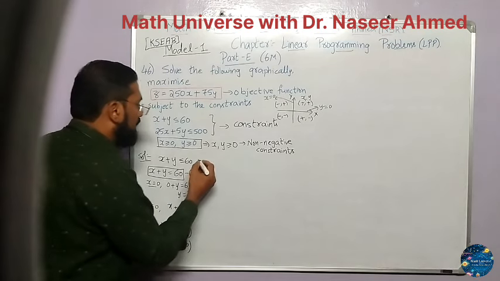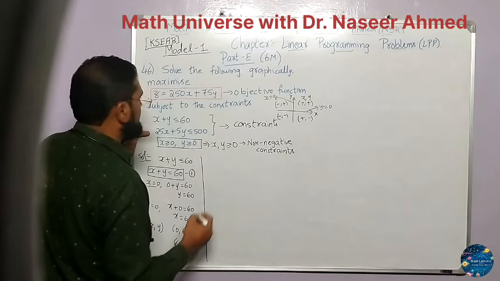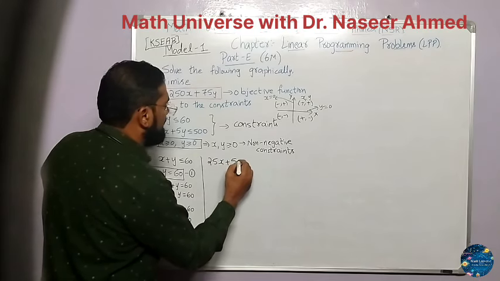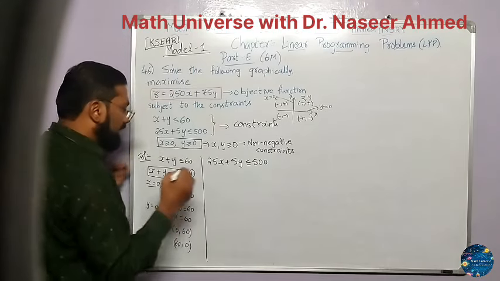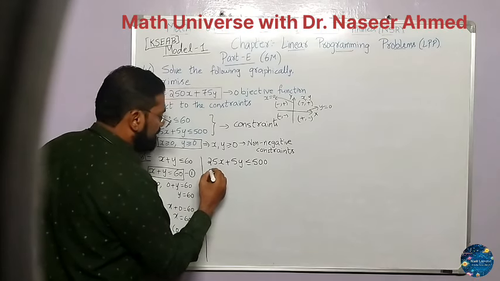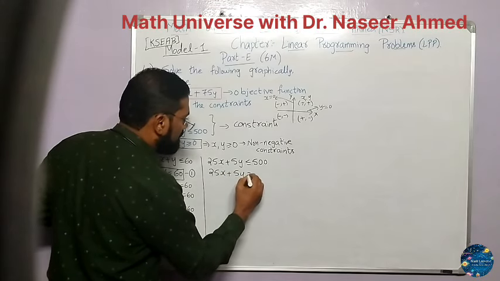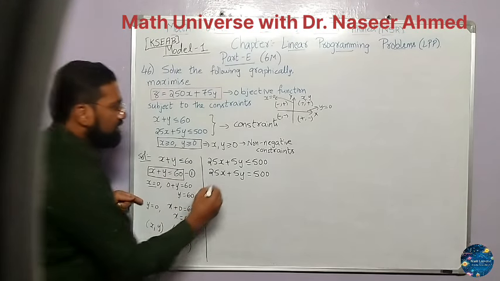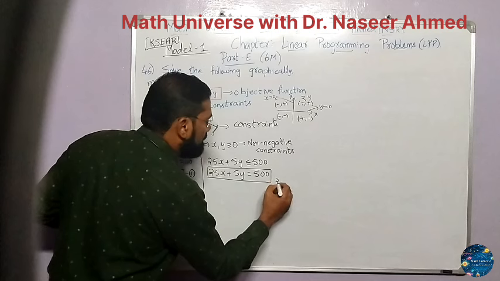Okay. Now let us try to solve the next constraint, that is 25 times x plus 5y less than or equal to 500. And again I will be taking the equation. Now you can see, again same way, first let us name this as equation number 2.